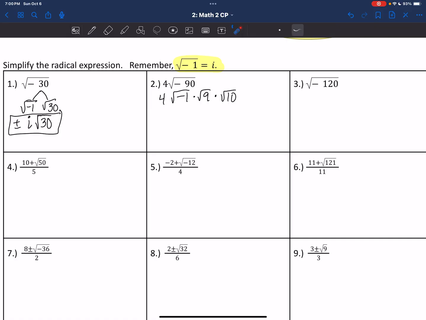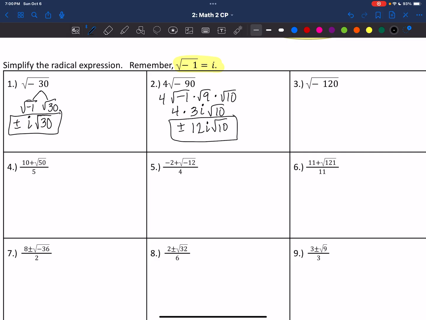I know that the square root of 9 is the same as 3. I know square root of -1 is the same as i. And don't forget we had that 4 out front. Root 10, and then you'll get 12i times root 10. And then again, since we're dealing with square roots, you're going to put the plus or minus out front, and then that's simplified.